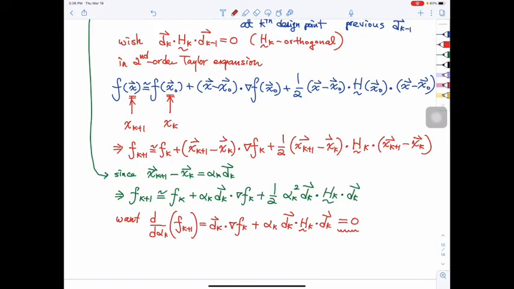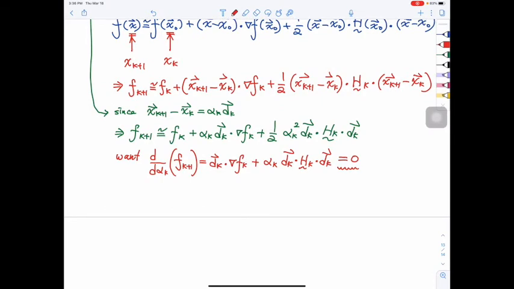Okay, so right here we are going to rearrange something. Here is a d_k in the front, and here's another d_k in the front, so you can take that out of everything. You will have something like this.